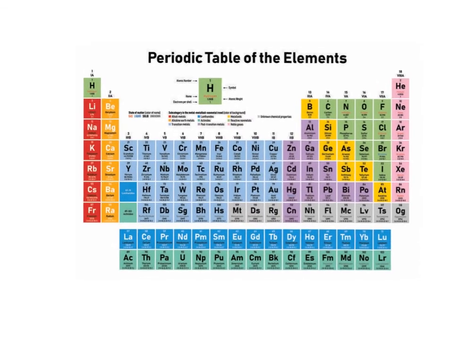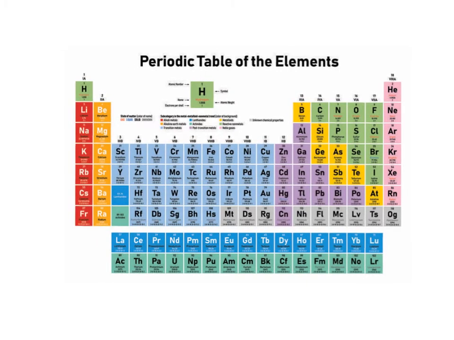All right, so how do we know how many valence electrons an element might have? We're going to use a periodic table to do this. We're going to start with group 1.